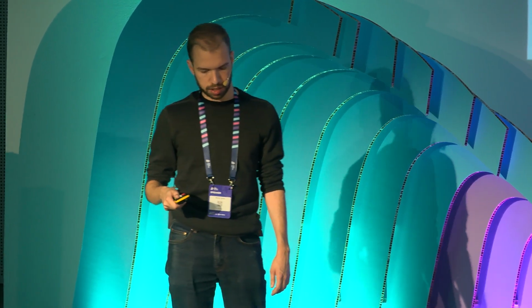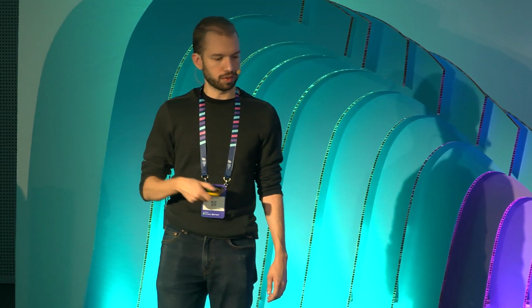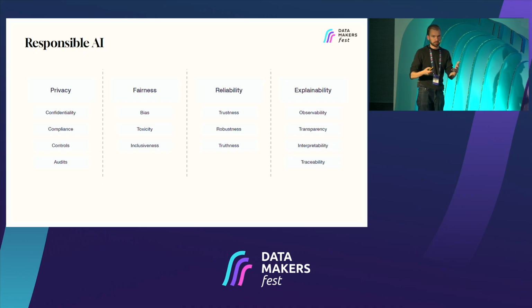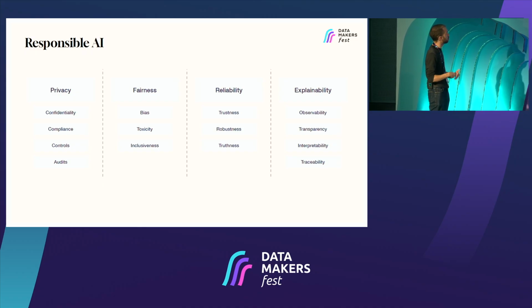Okay, so let me now enter a section that's important for me. We are part of the Center for Responsible AI, and since we are dealing with the legal domain, we have to take some responsibility. Usually there are several pillars in responsible AI. These can be interchangeable, but the top four are privacy, fairness, reliability, and explainability.